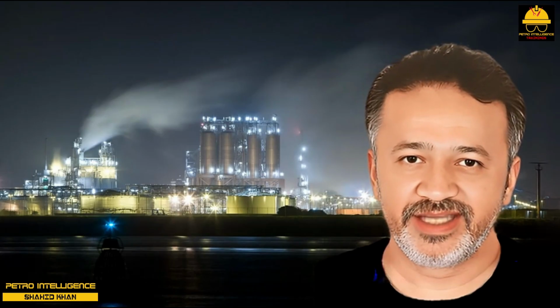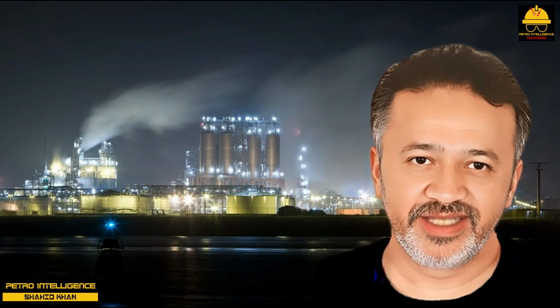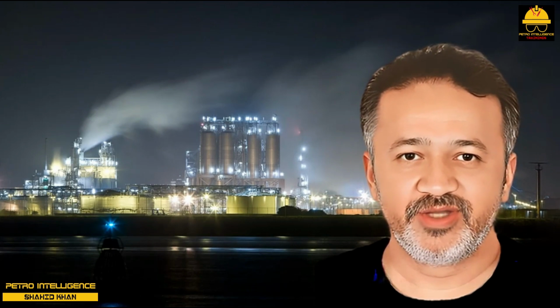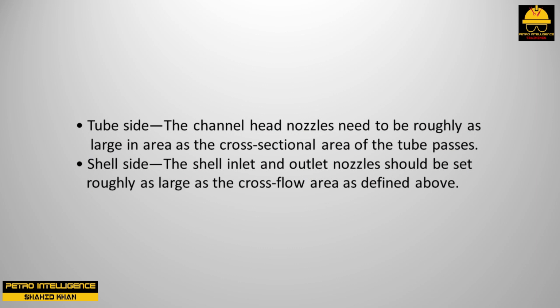Exchanger nozzle sizing. Especially during retrofits, designers often neglect to check that revamped existing exchangers have adequate size nozzles. Tube side, the channel head nozzles need to be roughly as large in area as the cross-sectional area of the tube passes. Shell side, the shell inlet and outlet nozzles should be set roughly as large as the cross-flow area as defined above.